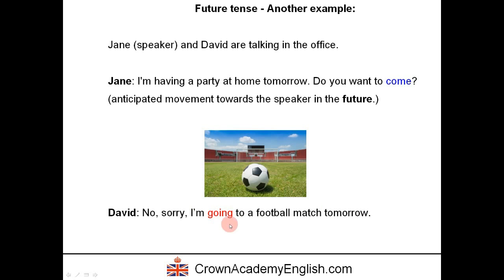He doesn't say, "I'm coming to a football match tomorrow." He says, "I'm going," because the movement is not towards the hearer in the future. The movement is towards a football match, which is not the hearer. So we choose going.